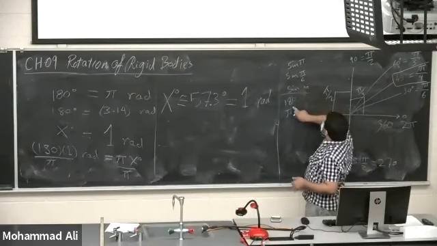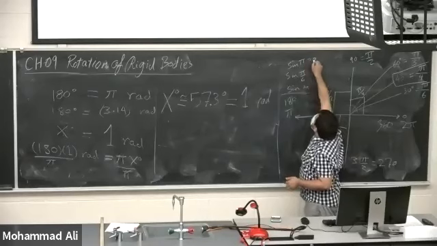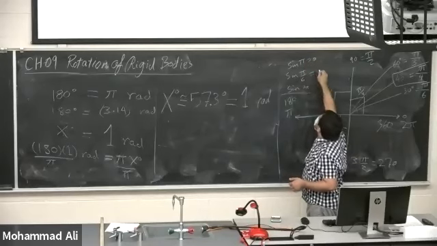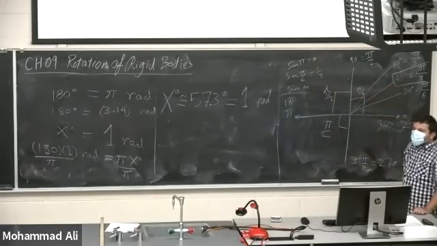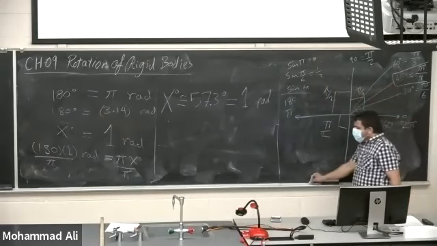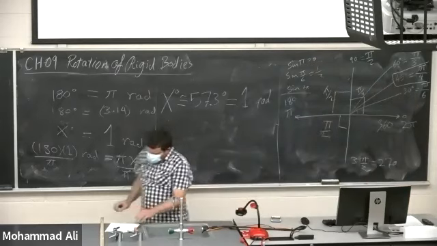So sine pi, which is sine 180, is 0; sine pi over 6 is half, which is sine 30, and so on. Any question about that? Okay.